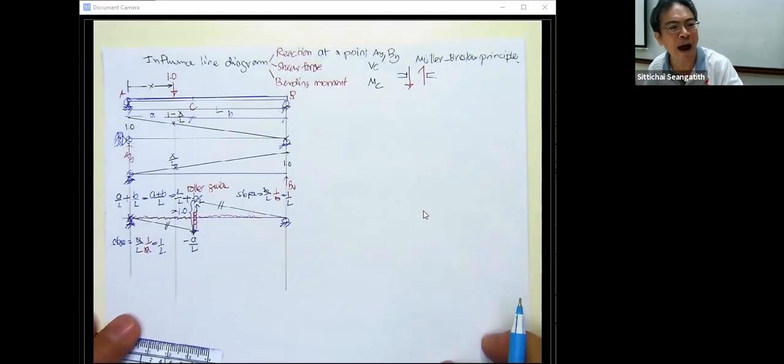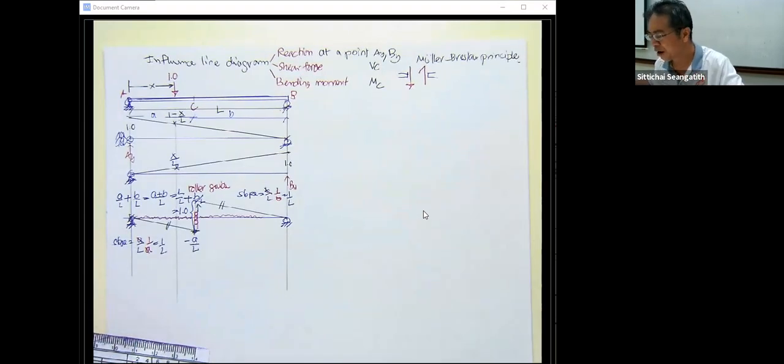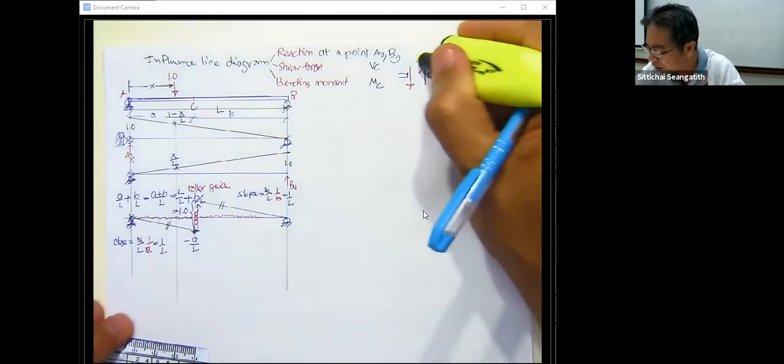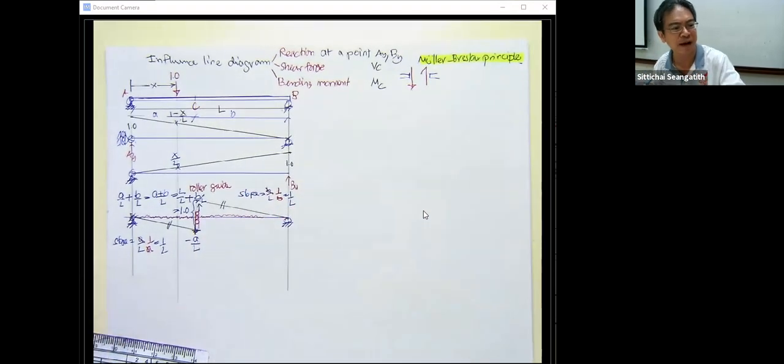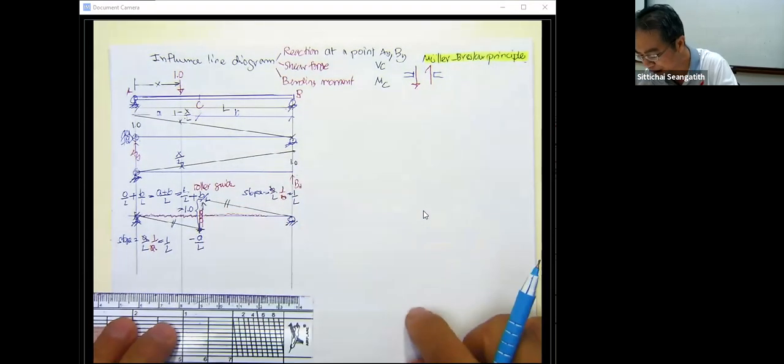That is the requirement by the Mueller-Breslau principle that you derived in the previous lecture, and this is going to be used later.